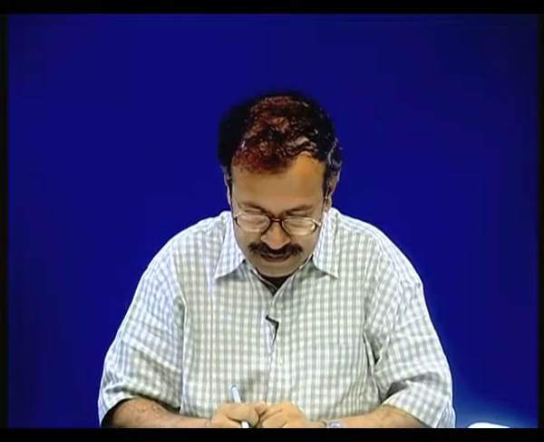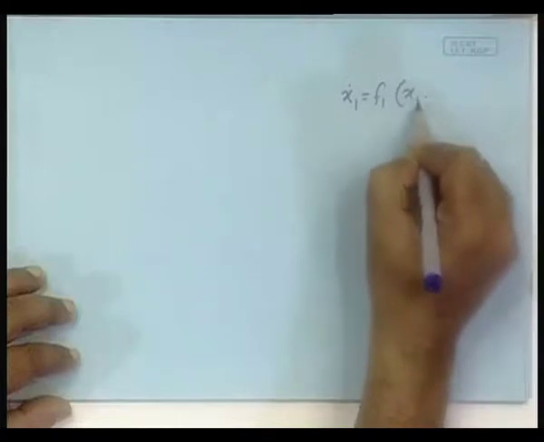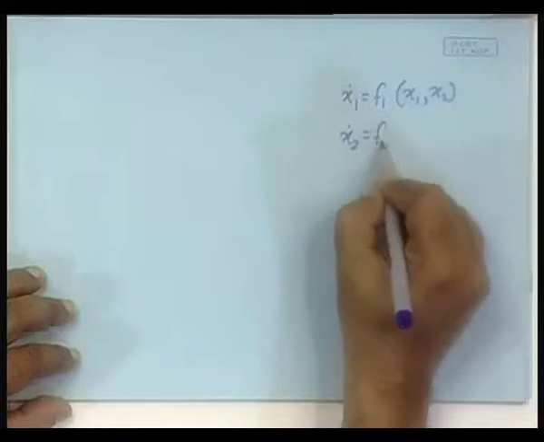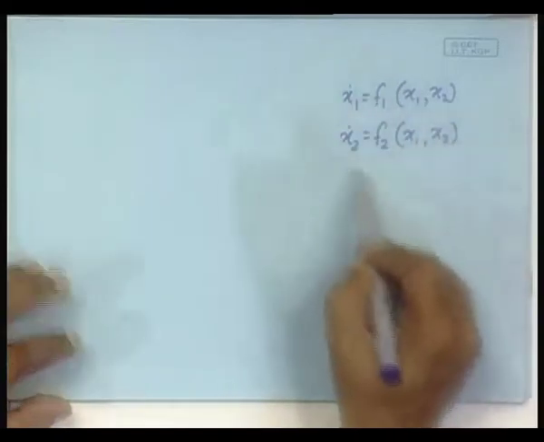So, if you have this system description, how do we proceed with it? First, as I said in the last class, let me do it in 2D, so that I can explain it by drawing on this sheet, but you can easily extend it in concept to higher dimensions. Your 2 dimensional system equations were x1 dot is equal to some f1(x1, x2) and x2 dot is equal to f2(x1, x2). We will try to understand this.